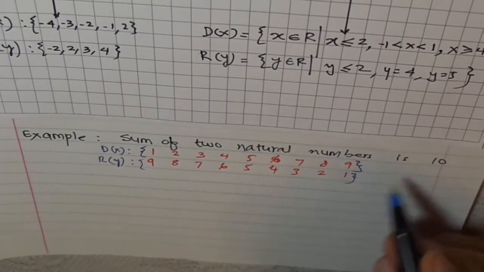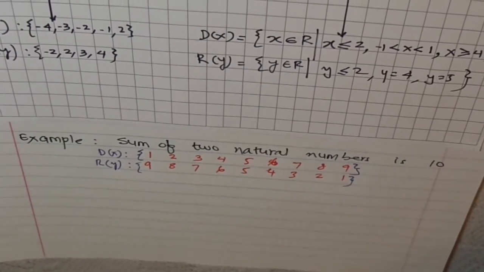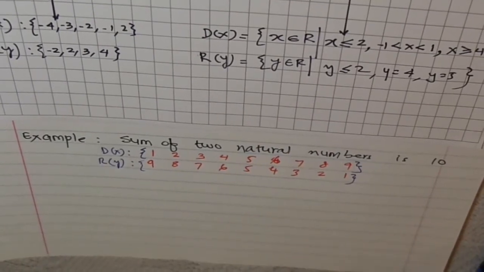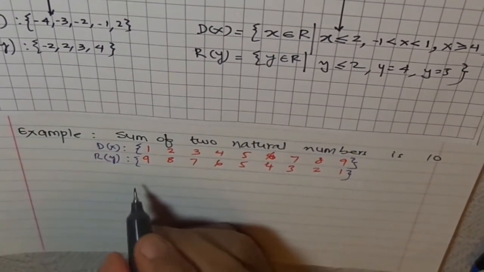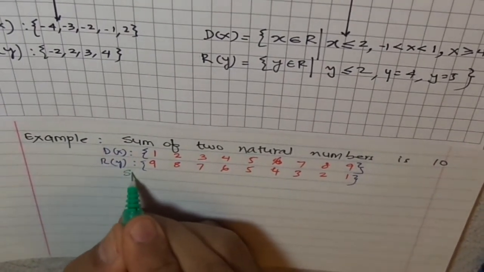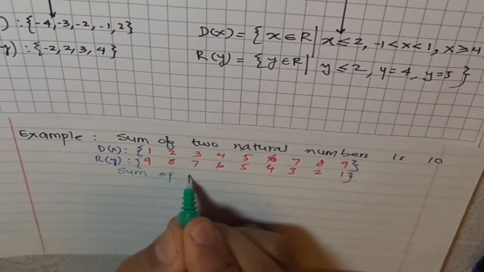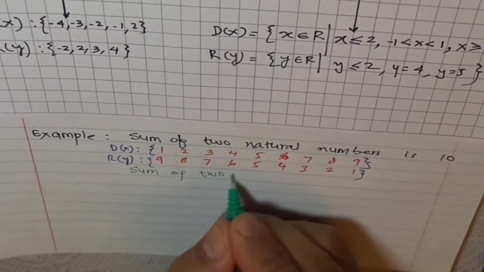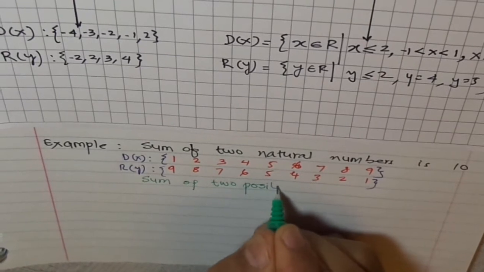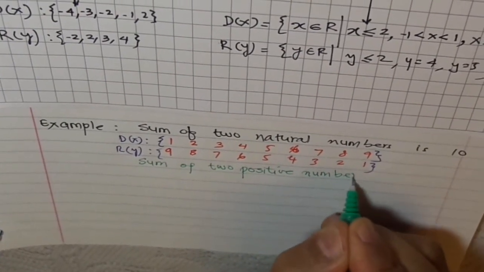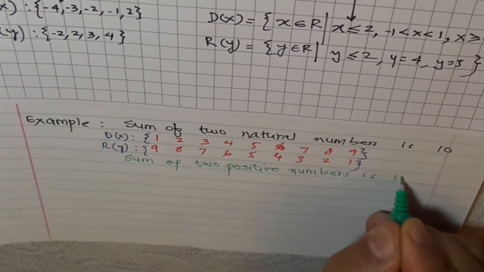Let us twist this problem a bit and remove the condition of natural numbers. Okay. Now let's consider an example where, let me change it in this form. This is the sum of two positive numbers is 10.